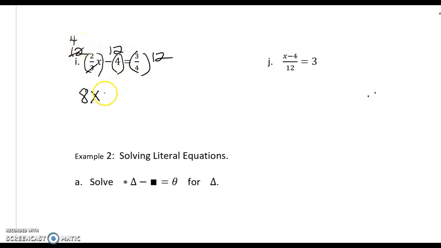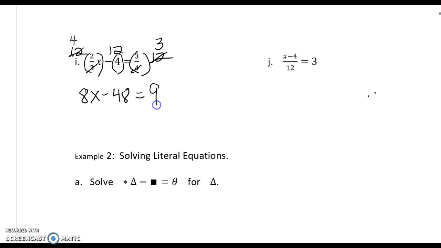Here, the 4 and the 12 we're going to multiply together. There's no fraction there, so that's just 4 times 12. And on this side of the equal sign, this 4 is going to go away in the denominator, but this 12 is going to get reduced down to a 3, because 4 divided into 12 leaves you with 3. What you do with that 3 is multiply it with the 3 that's left in the numerator of the fraction.